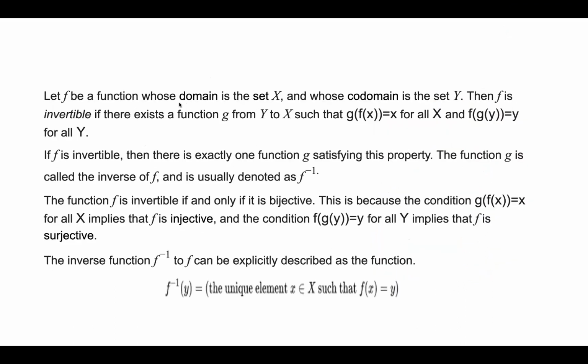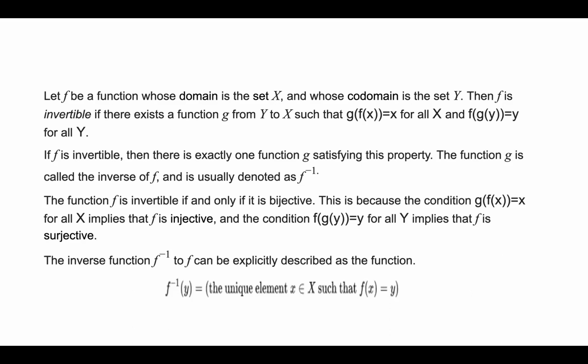Let f be a function whose domain is the set X and whose codomain is the set Y. Okay, means f is a function from X to Y. Then f is invertible if there exists a function g from Y to X such that g of f of x equals x for all x and f of g of y equals y for all y.